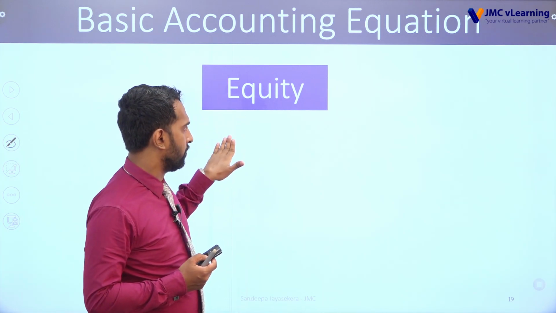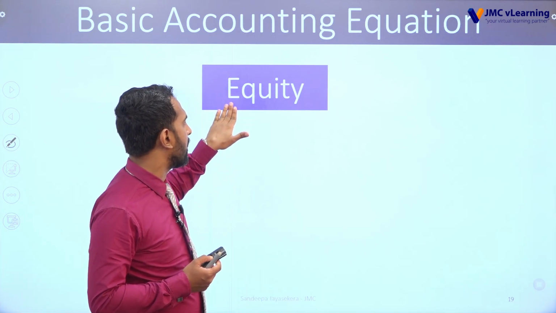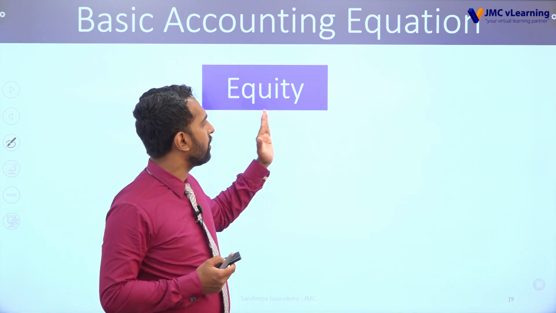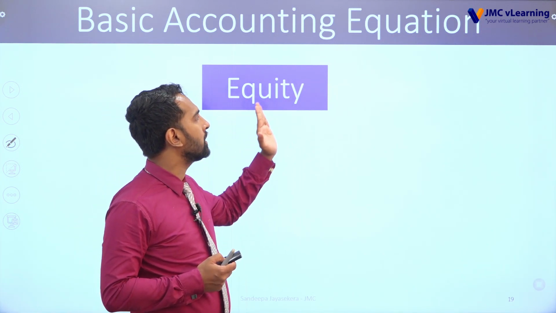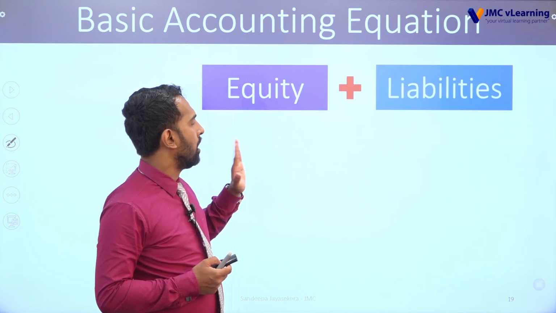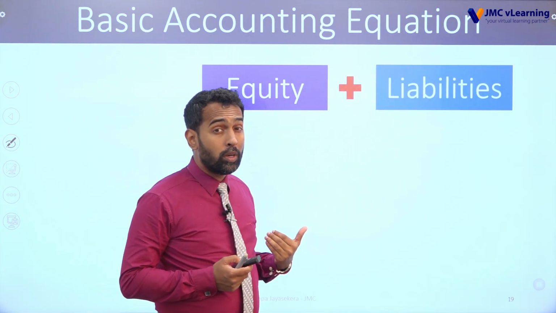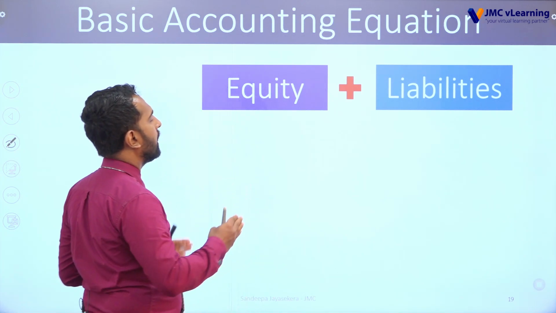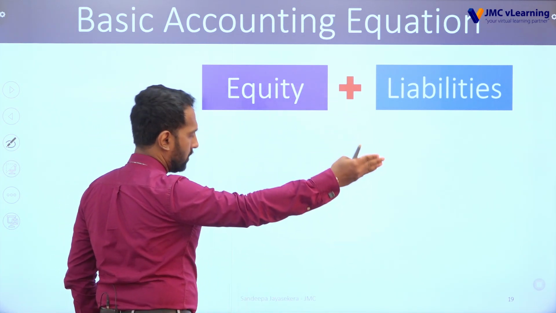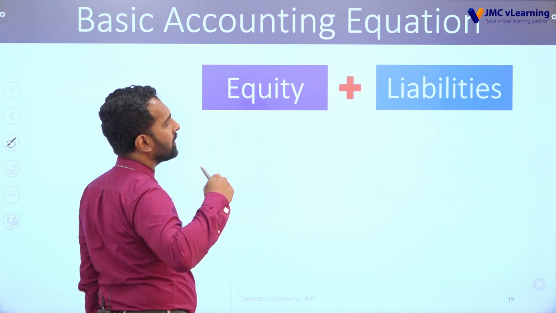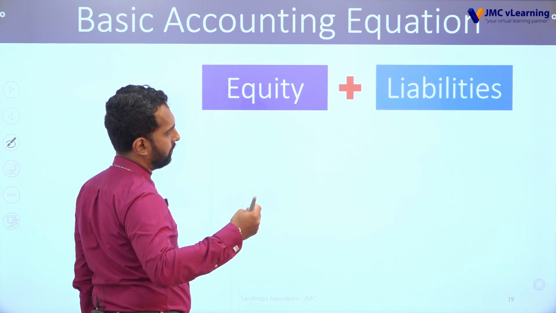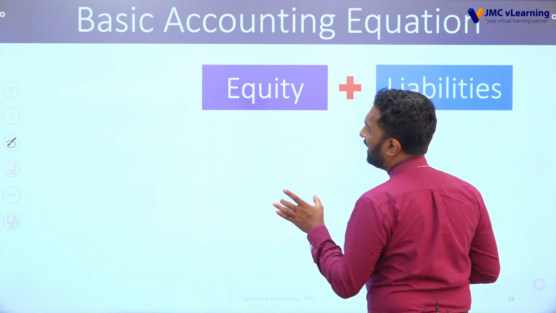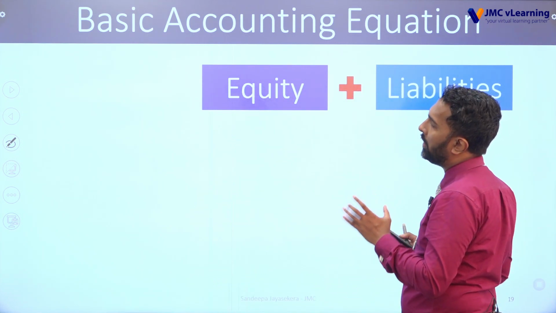Then, after equity, we have taken external funding or external liabilities. For example, it can be a loan, a credit purchase, a bank OD, like that. Equity is the commitment towards the owner from the business, and the liabilities are the commitment towards the external parties, right? And both of them together show the total commitment or the total obligation.